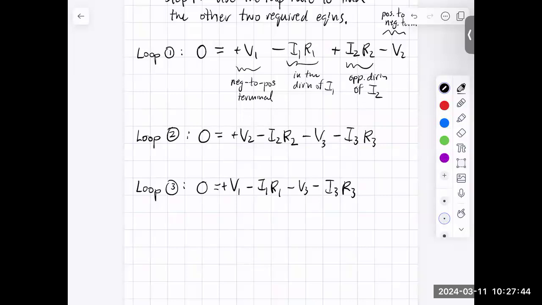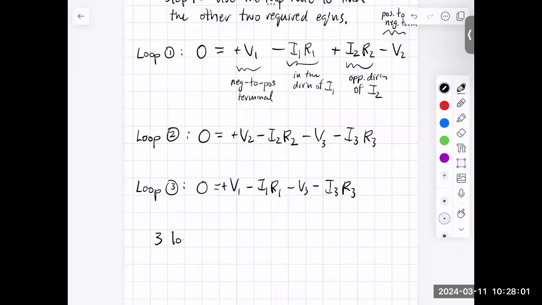All right, so we have our 3 loop equations, and these are, let's just make a summary.